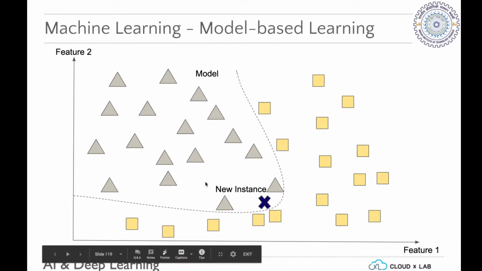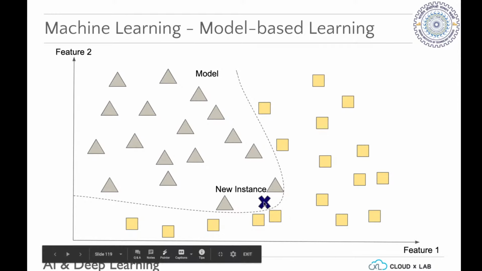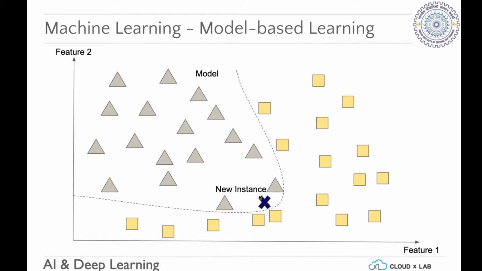If it's within the border, it's a triangle, and if it's outside the border, it's a rectangle. Here it doesn't check for closeness. For example, in this case, this new instance could be close to 2 rectangles, but close to 1 triangle. But in model-based learning, it will say, I don't care whether it's closer to 2 rectangles. I know there's a model, and according to the model, this new instance lies on this side of the border and therefore is a triangle.